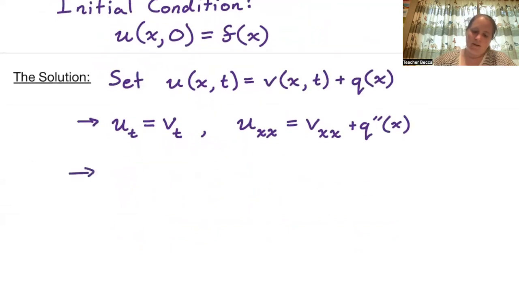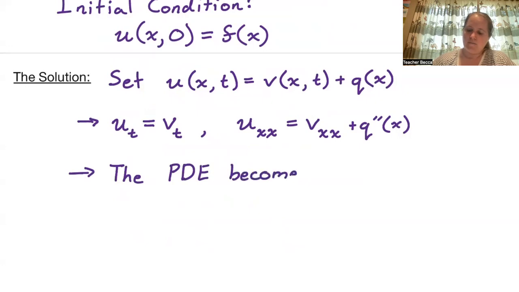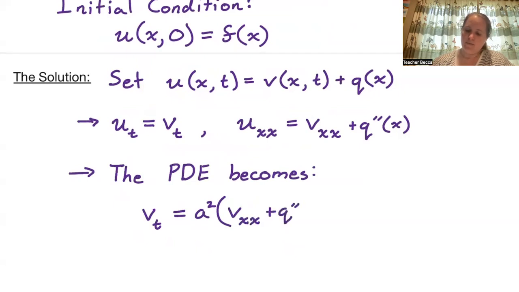So the partial differential equation becomes: the partial with respect to t of v is equal to a squared times the second partial with respect to x of v plus q double prime of x. And then we end with a plus h of x.